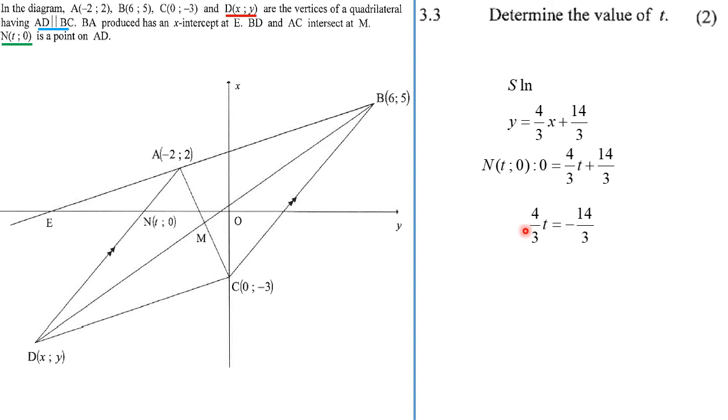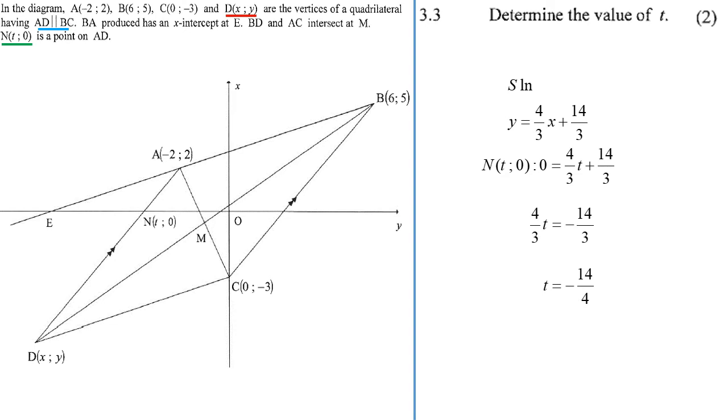Remember, a number multiplied by its reciprocal will always give you 1, and 1 multiplied by any number will remain that number. So if we multiply both sides by a reciprocal of 4 divided by 3, then we'll have t times 1, then we'll remain with the t that we want. Or you can cross multiply, play around, it doesn't matter. Or you can divide the right hand side with 4 divided by 3, it will still give you the same answer.